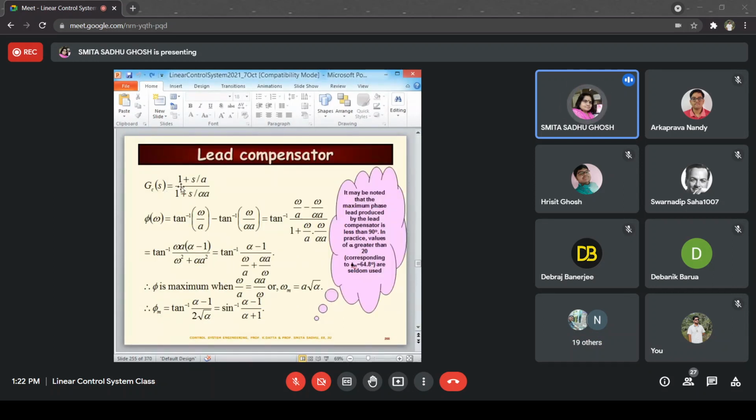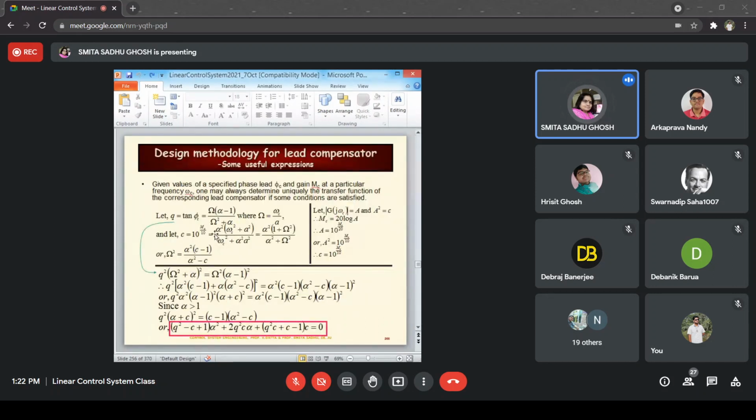It is going to be root over of 1 plus omega square by a square, by root over of 1 plus omega square by alpha square a square. So C square will be equal to that magnitude square, so that the root will not be there. That is what has been given over here. So A square, which is equal to C, is given by this, which is the square of the overall magnitude.